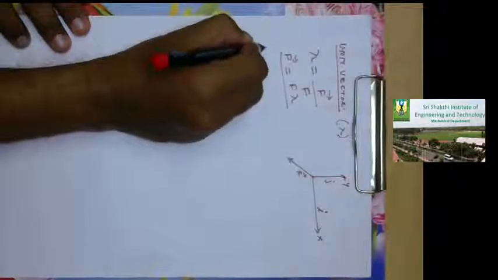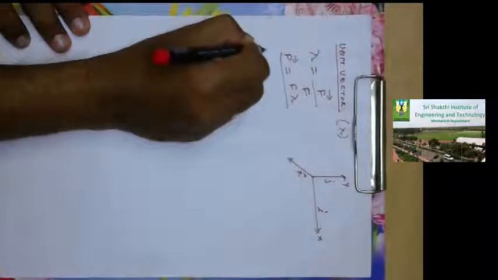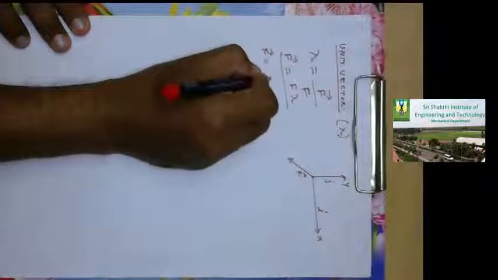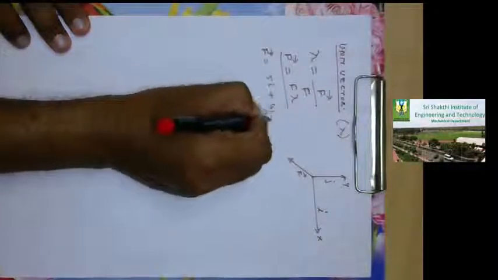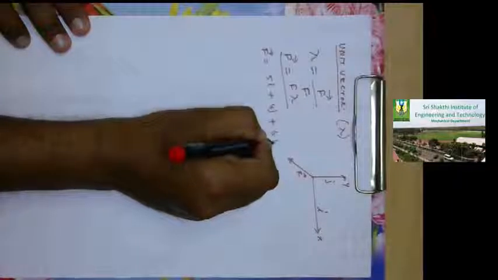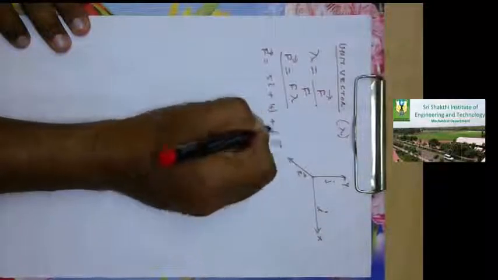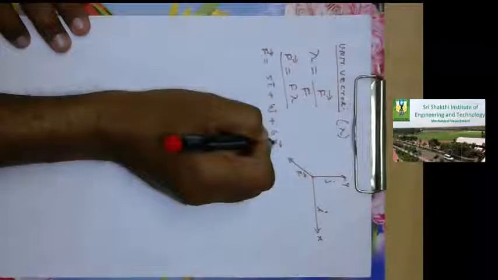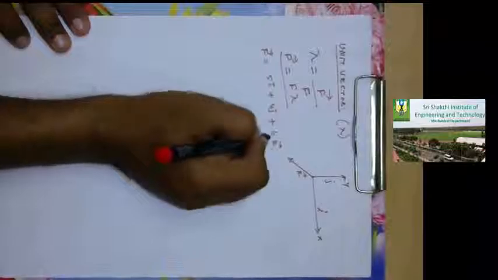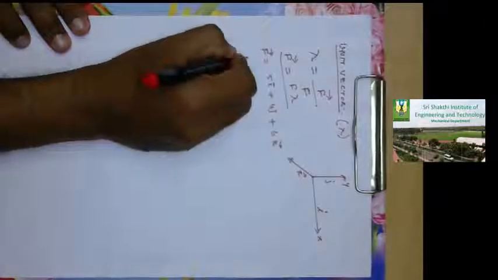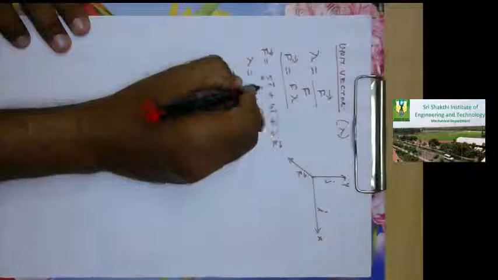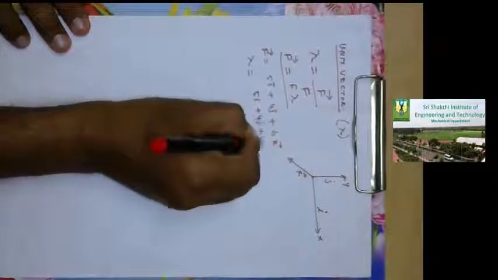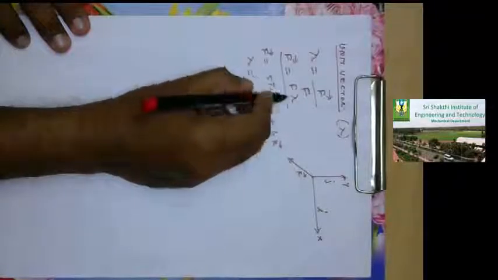For example, if I have a force vector F represented by 5i plus 4j plus 6k, and I want to find the unit vector of this F vector, the lambda will be equivalent to 5i plus 4j plus 6k divided by the magnitude of this vector.